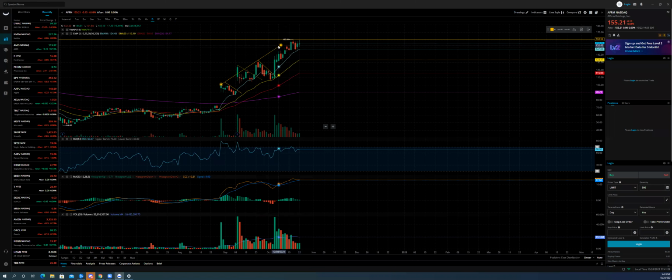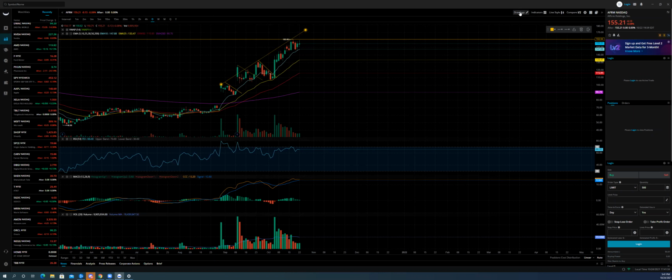And now when you extend this line all the way up, you clearly see where you're going to take profit because now it trades here, and then it hits this trend line right here. So this is your resistance. If you were in here as a trader, this is where you're going to take your profit because you're hitting resistance and you don't know if you're going to fall back down.